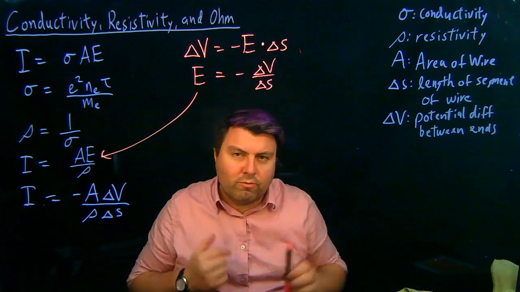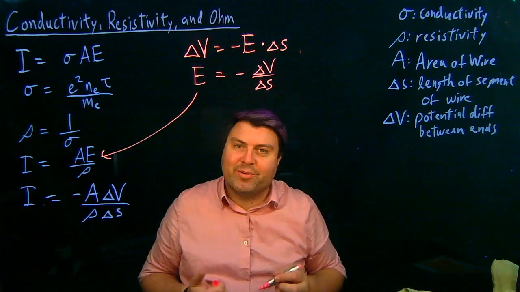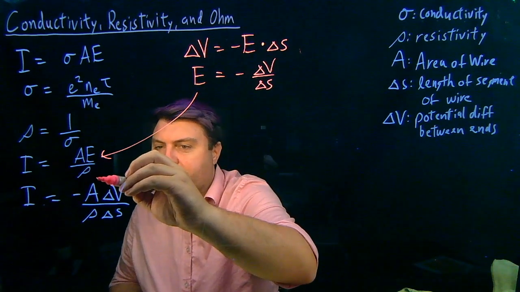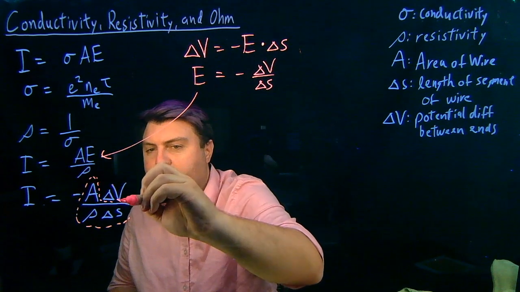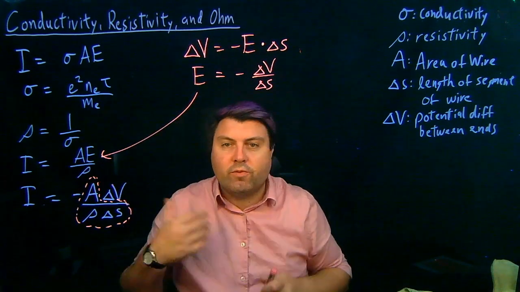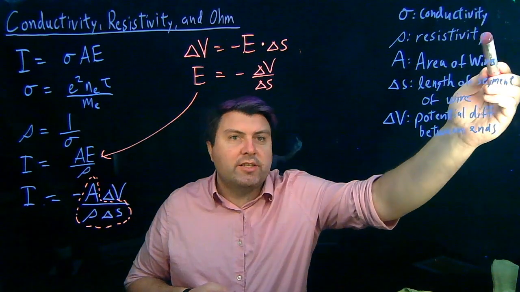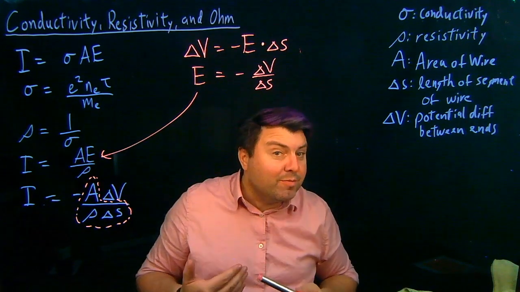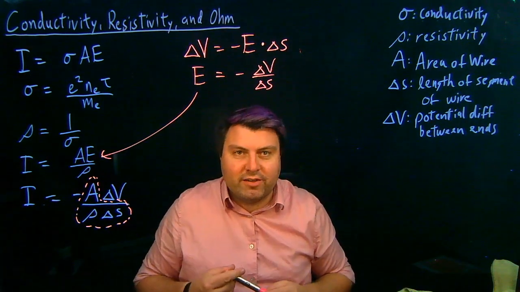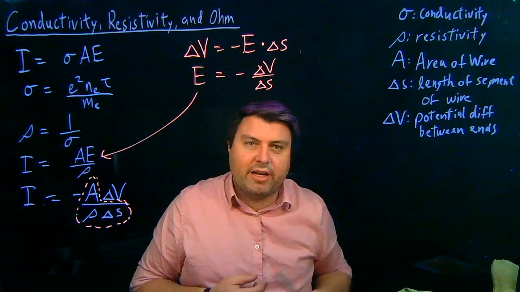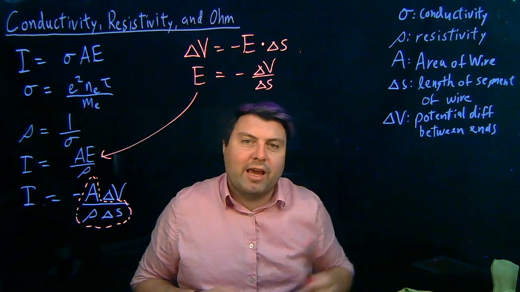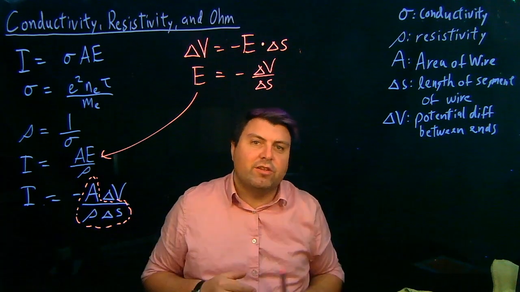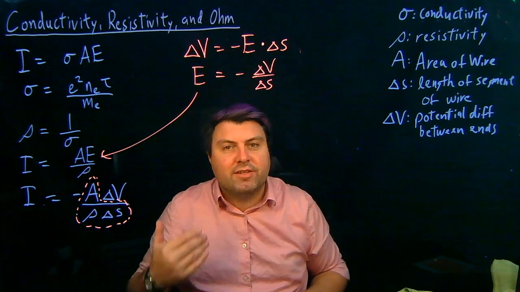And we can do one more simplification to really help ourselves out. If we look at this A, this delta S, and this rho, once a wire rolls off the factory, it's going to be made of the same metal, and it's going to still be made of the same metal, so its resistivity doesn't change. It's always going to have the same area, assuming we don't do any super destructive things to it, and any given segment, and usually we just do the entire segment of the wire, will have the same length.